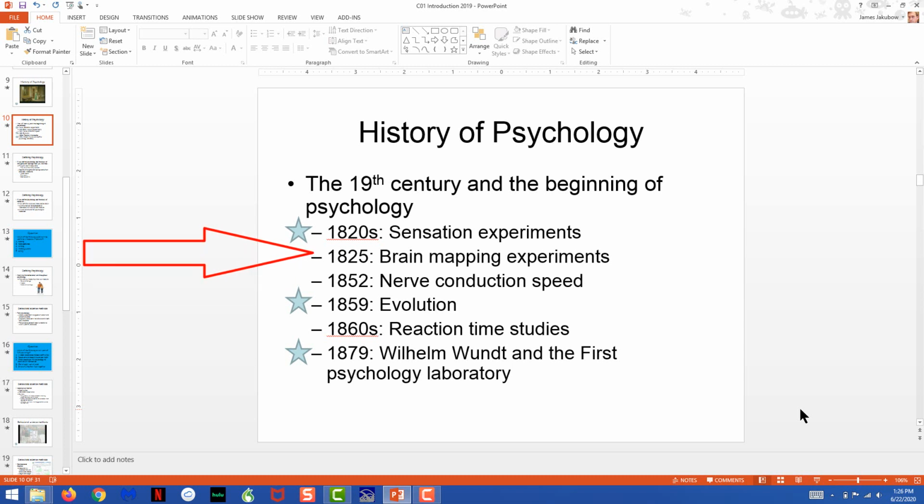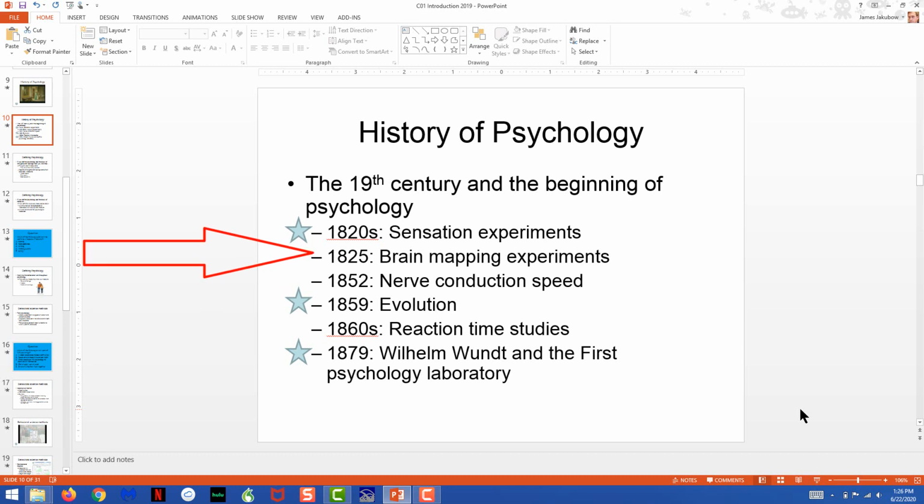As we'll see in the next chapter, there's an area called the primary motor cortex in the brain, and by stimulating that area, even in an anesthetized individual, you will automatically cause their hand or their arm or their leg to move.